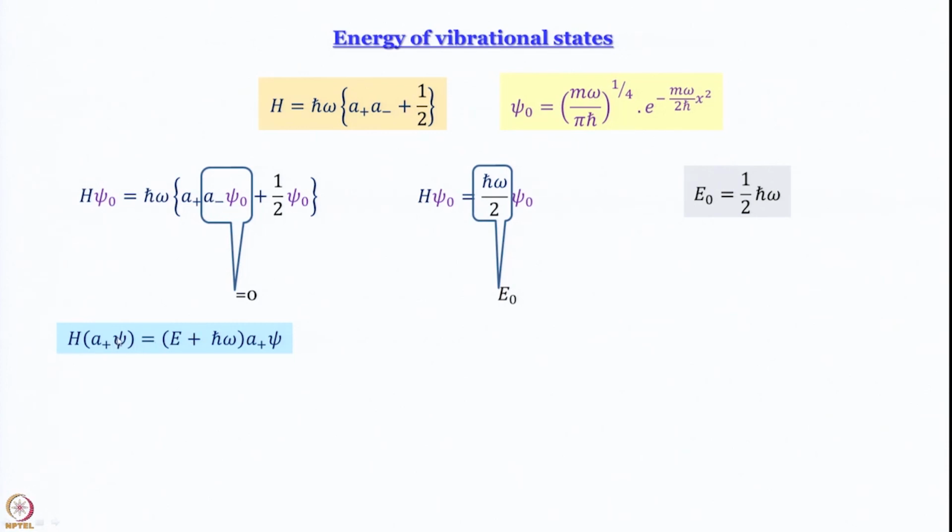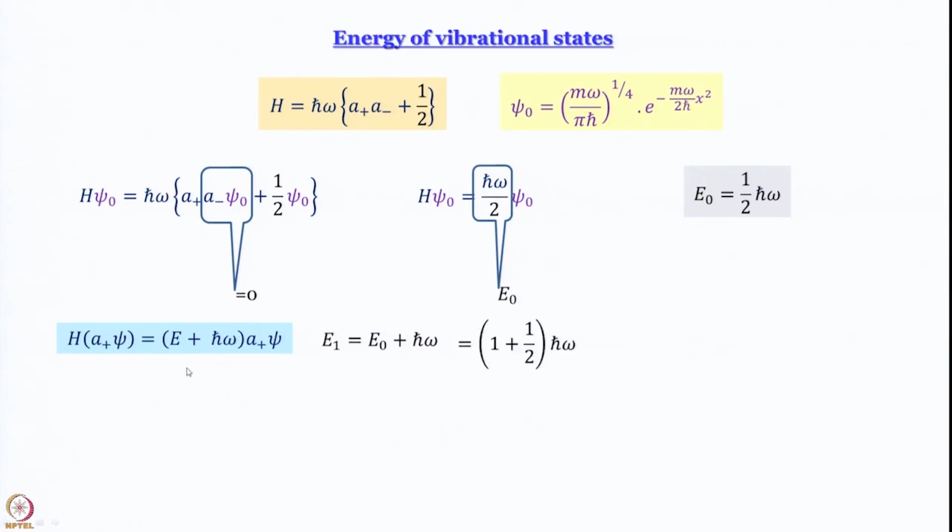What will I get? I should get psi 1, the wave function that has energy that is just one step above that of psi 0. So, that E1 will be equal to E0, the energy of psi 0, that is half ħω, plus ħω from here.